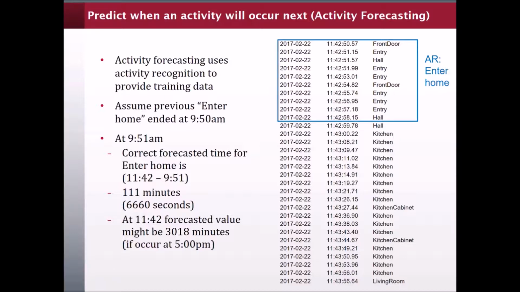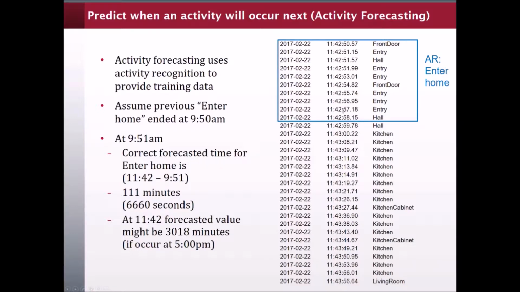So this technique will actually output the delay, or number of time units, until an activity will occur from the current point in time. Now remember, this feature vector that we extracted from a sequence of sensory events collected by ambient sensors.